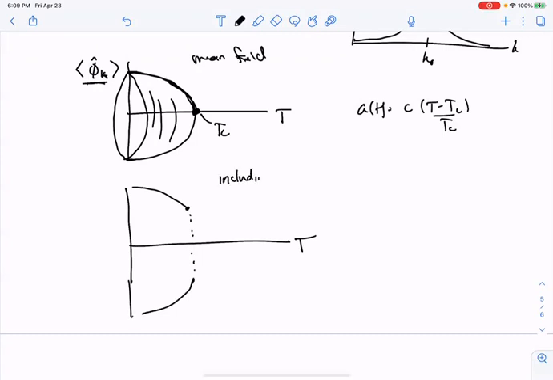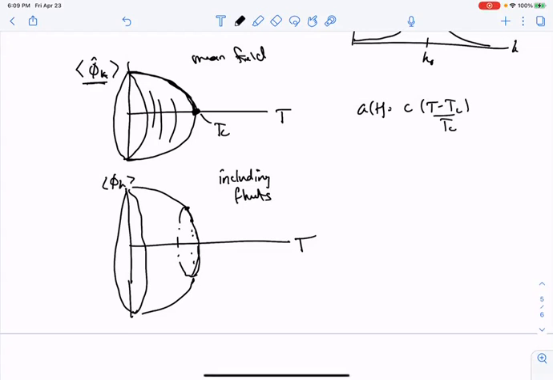Including fluctuation corrections, we would see a first order transition in which case the value of the order parameter field, still able to point in any direction, jumps up spontaneously or discontinuously from its zero value in the disordered state.